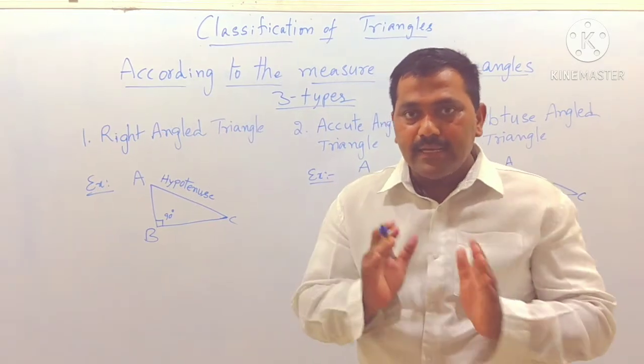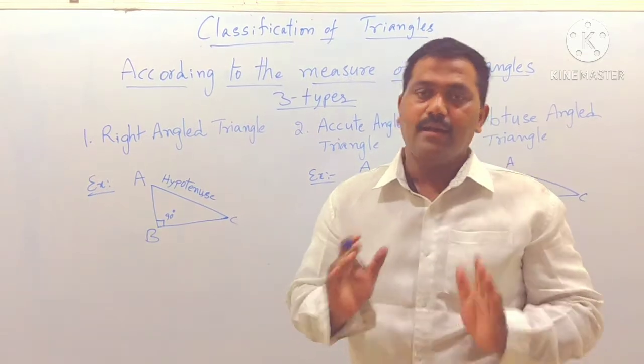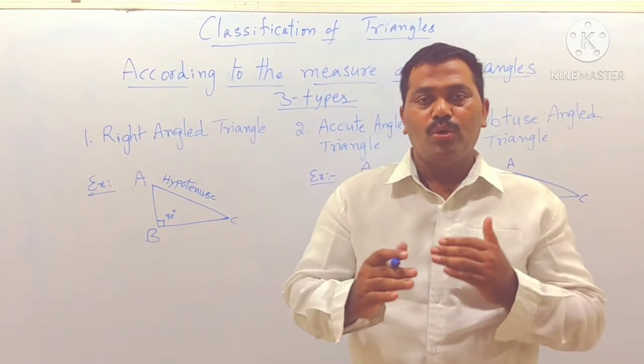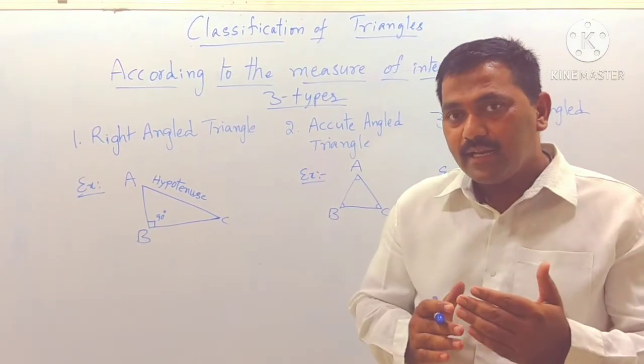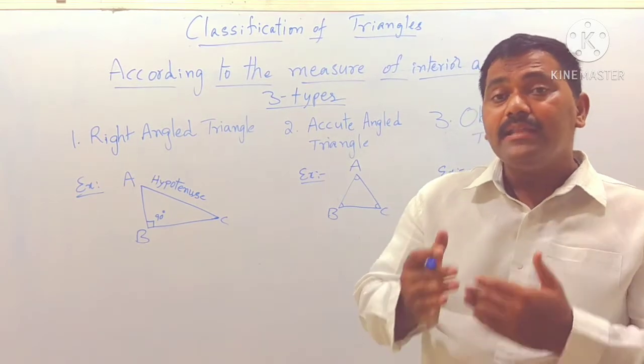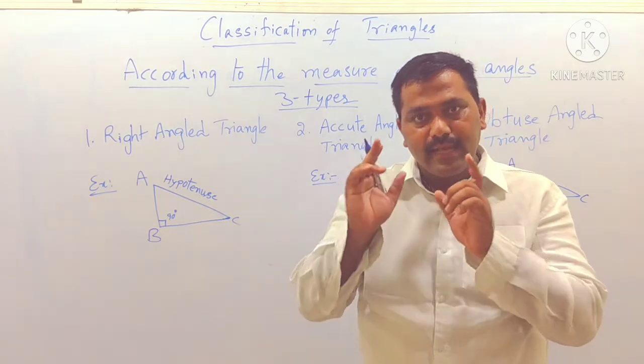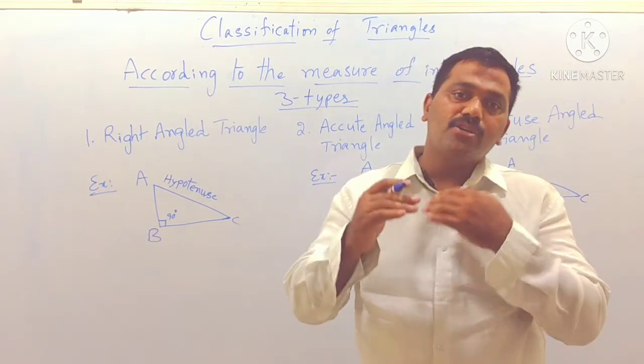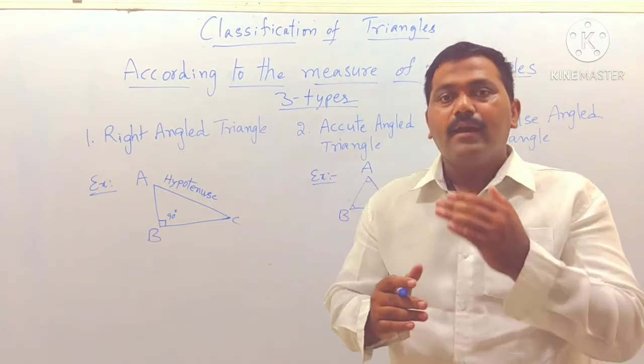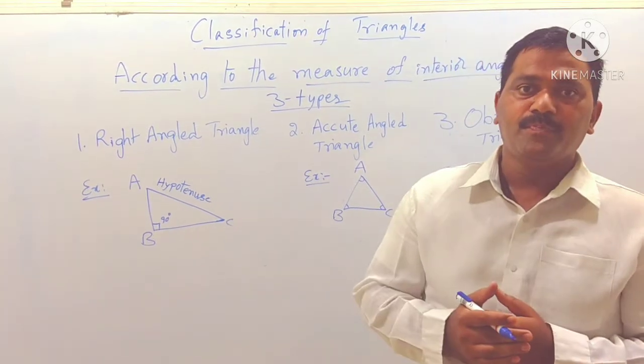A 90 degrees angle is called a right angle. So, what is right angle triangle? A triangle in which one of the angles is 90 degrees is called right angle triangle.